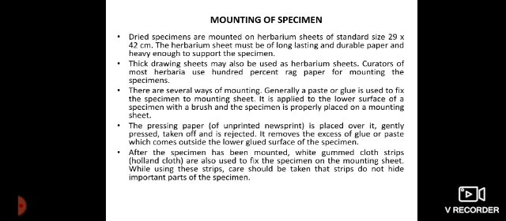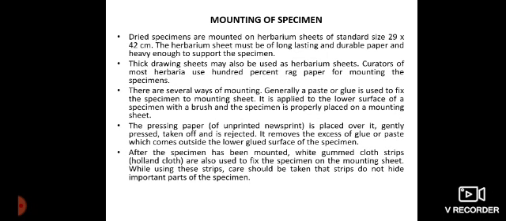The dried specimens are mounted on herbarium sheets of standard size 29 by 42 centimeters. For a long-lasting herbarium sheet, the paper should be durable and heavy enough to support the specimen. Thick drawing sheets may also be used as herbarium sheets. Curators of most herbaria use 100% rag paper for mounting the specimen.